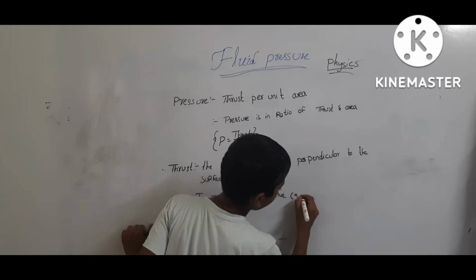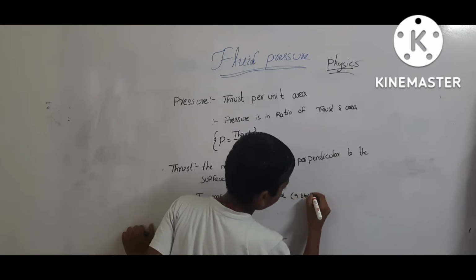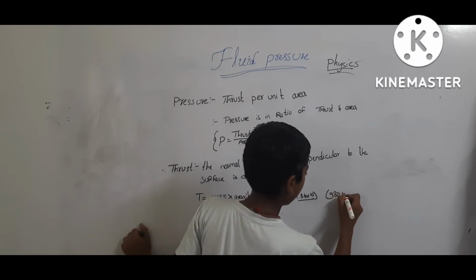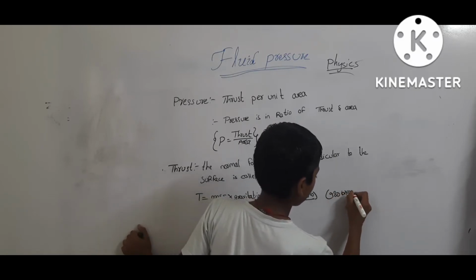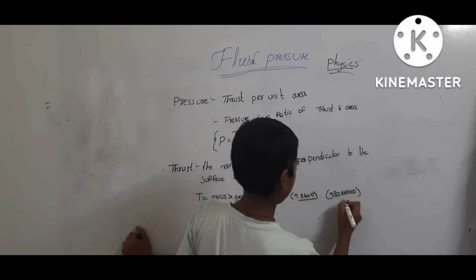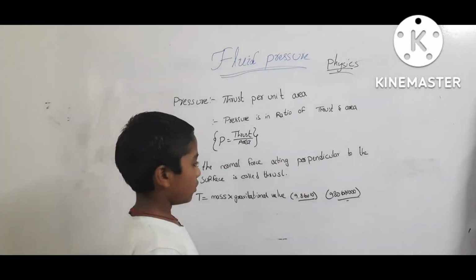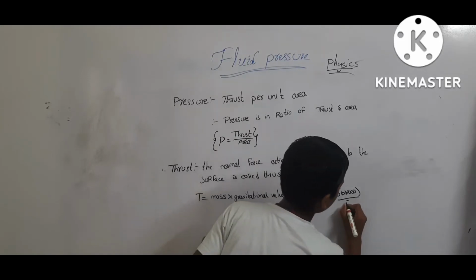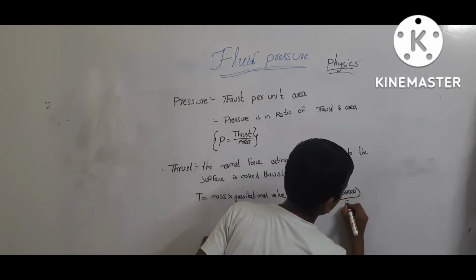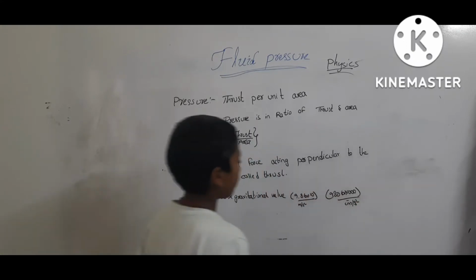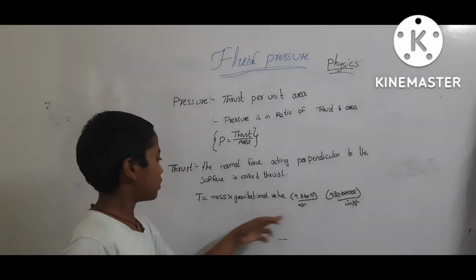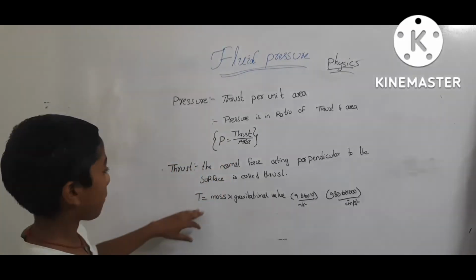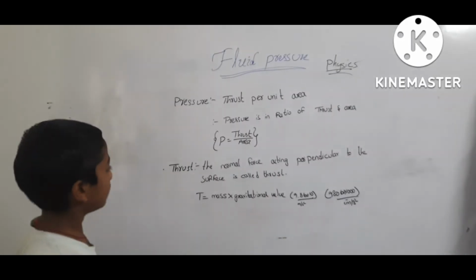Gravitational value means 9.8 or 10, which is the SI unit, and 980 or 1000, which is the CGS unit. The acceleration units are 9.8 meter per second square and 980 or 1000 centimeter per second square. This is known as the gravitational value, SI and CGS system.